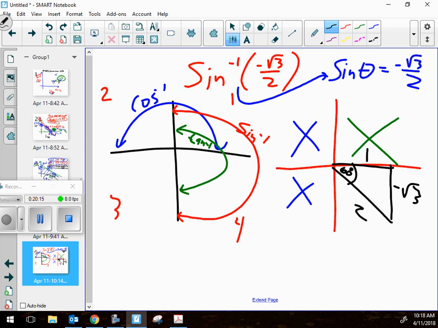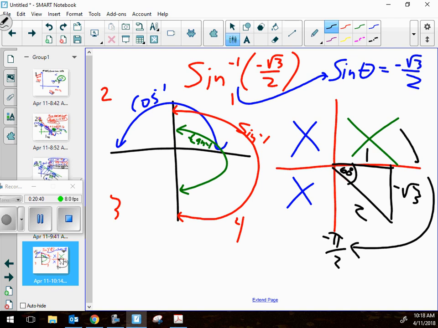Do you remember that down here, this is considered negative pi over 2? You give answers that are negative when you're in that quadrant. Did you remember to give this as a negative answer? Here's the other way to say it. Your answers to inverse trig, you're only going to get one of them. It can be negative, and it can never be bigger than pi.